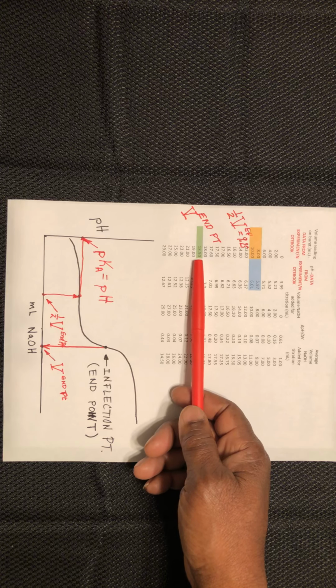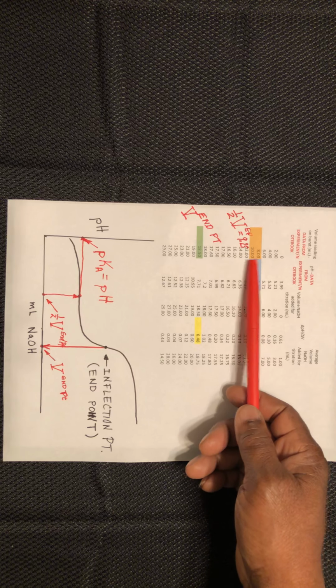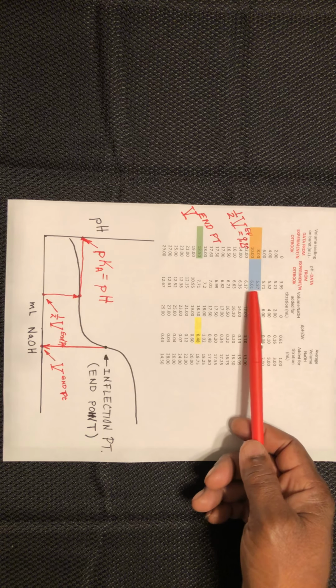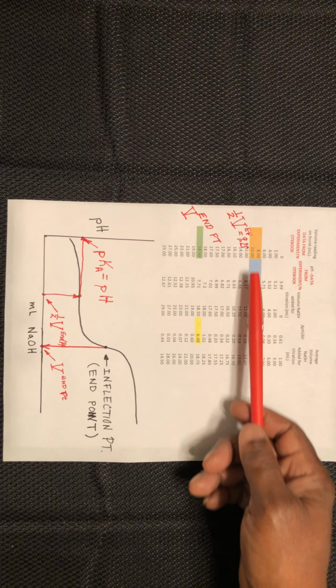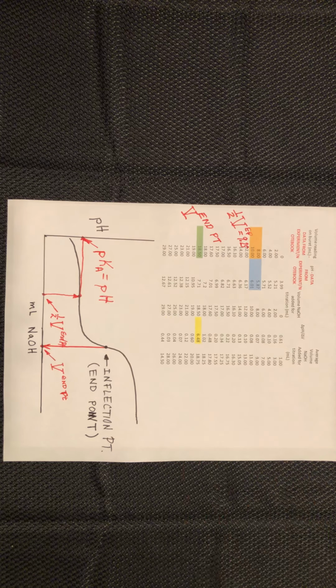Now the volume at the endpoint, we want to take 1/2, and then we want to estimate what the pH is at the 1/2 volume point. Okay? Now, so that's how we do the pKa.